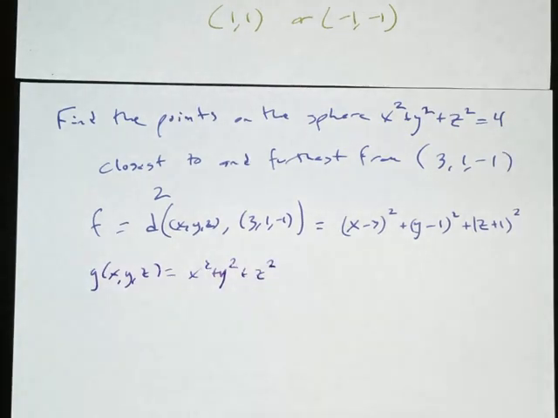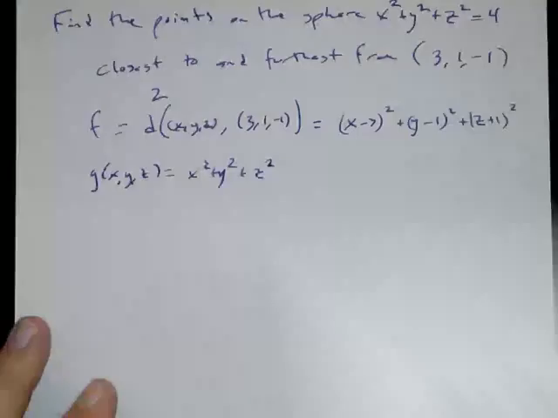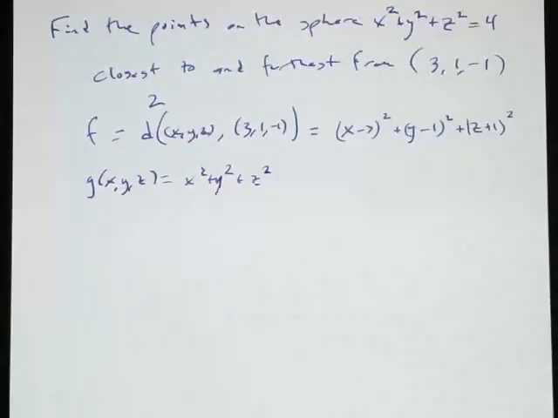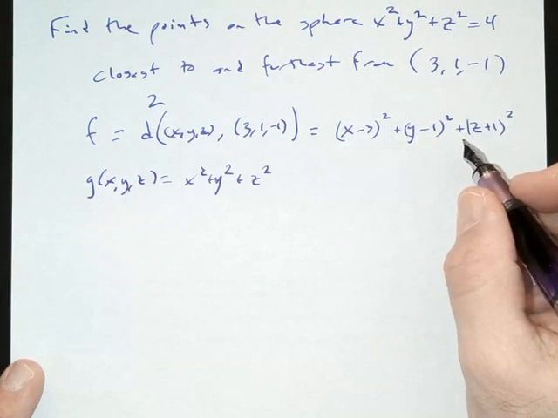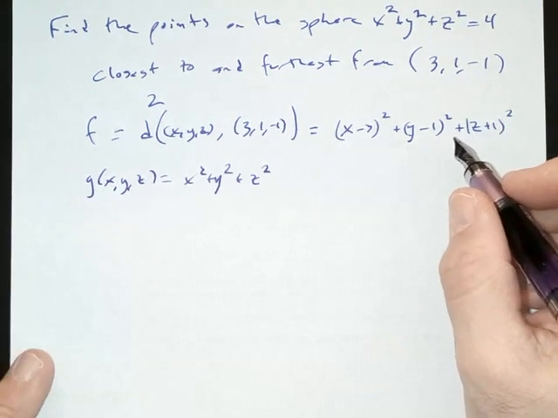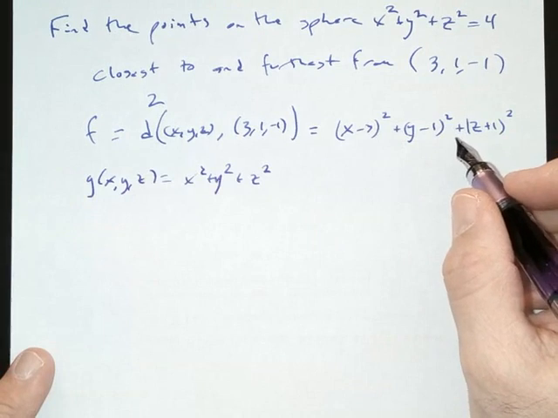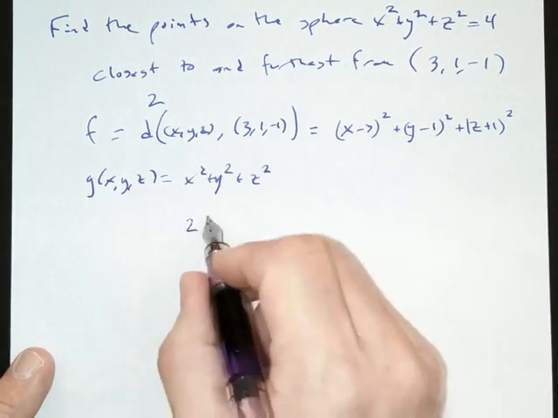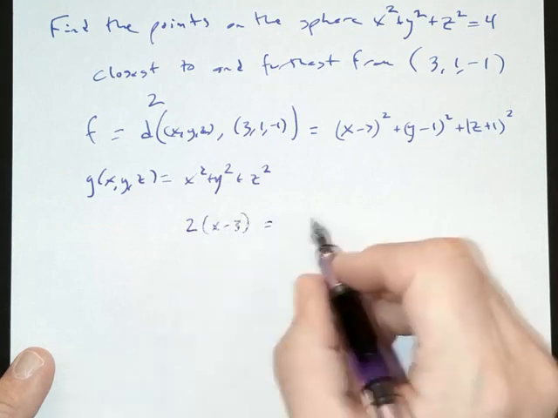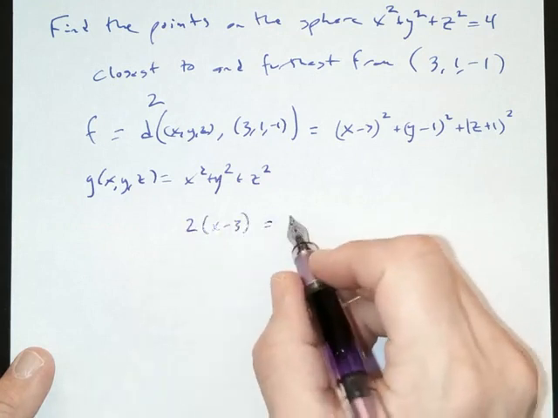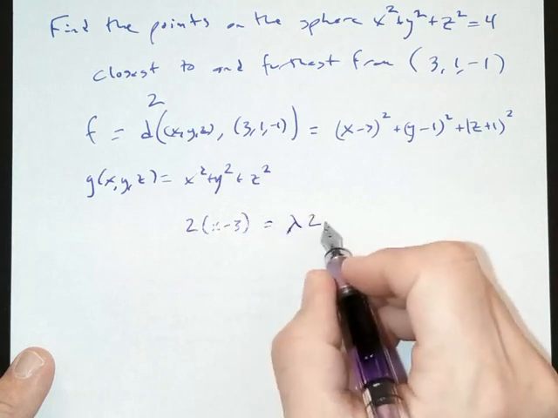And remember that g is the equation involved in our restriction. The numerical value only comes in when we do the solving. So to do the gradients, I need the derivative with respect to x. What do I get? After you get 2 times (x minus 3), and then in g, you get 2x, but I'm going to need the lambda over there, right?